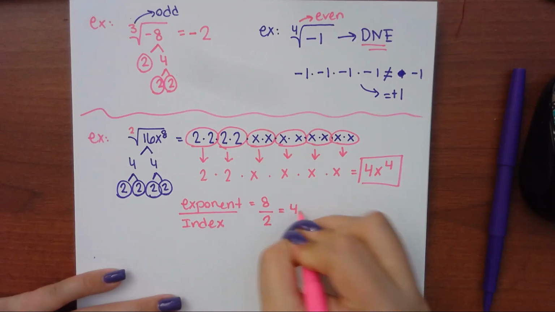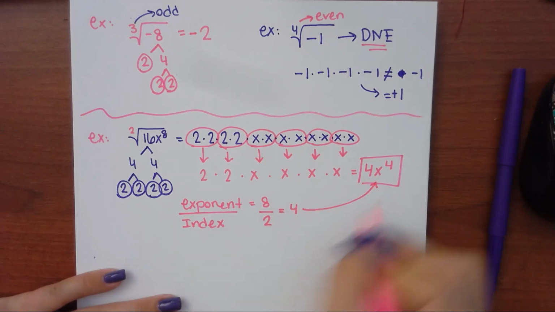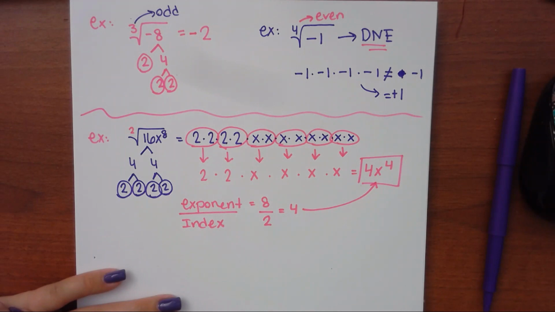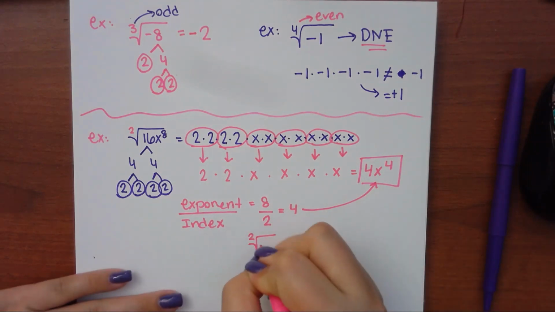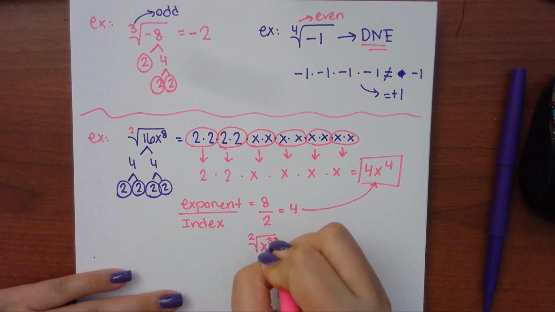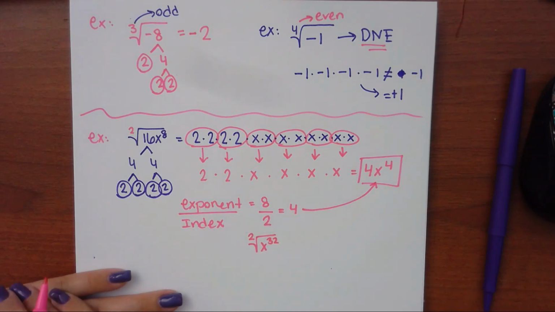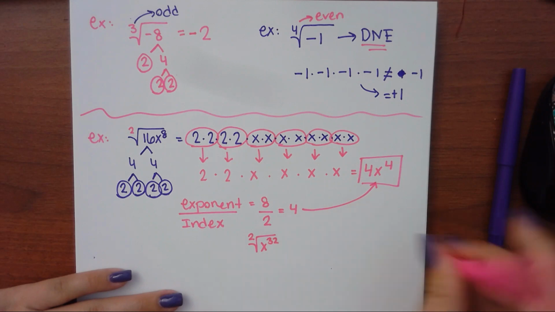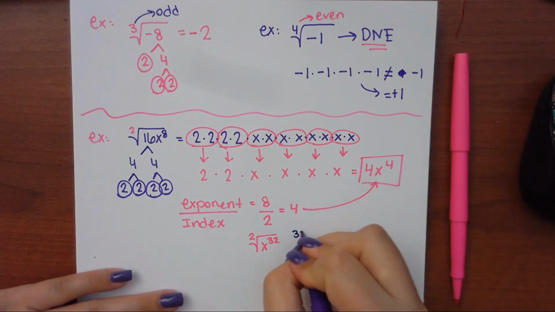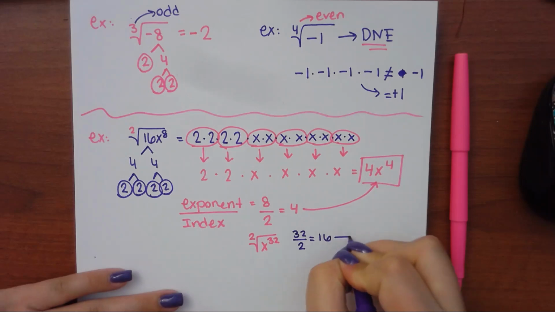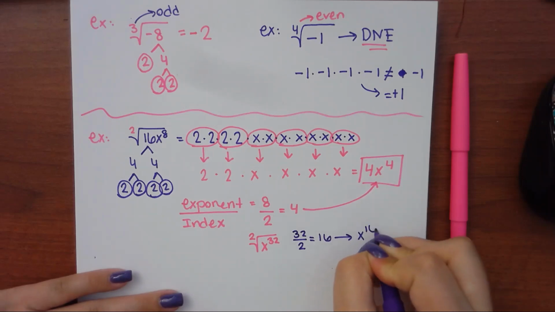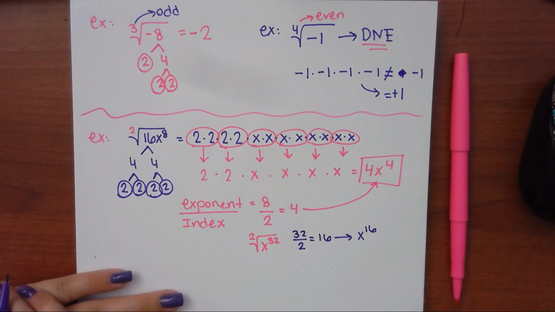That means for that variable, the exponent should be 4. So just a really quick recap, let's say I have the square root of x to the 32nd, okay? I'm going to take my exponent, which is 32, and divide it by 2. That's going to give me 16. So my x should be to the 16th power. And that's how you simplify it.